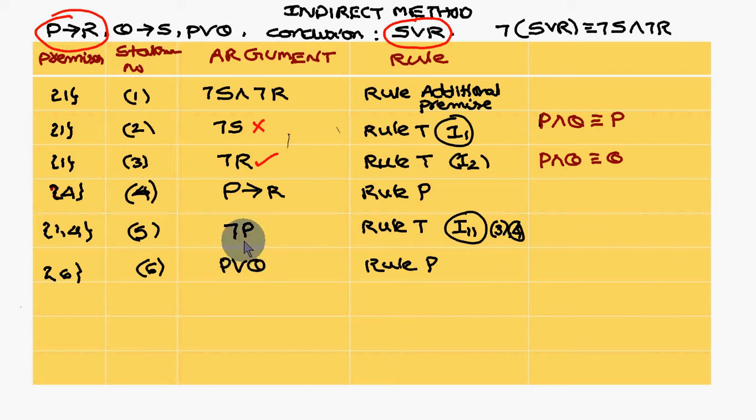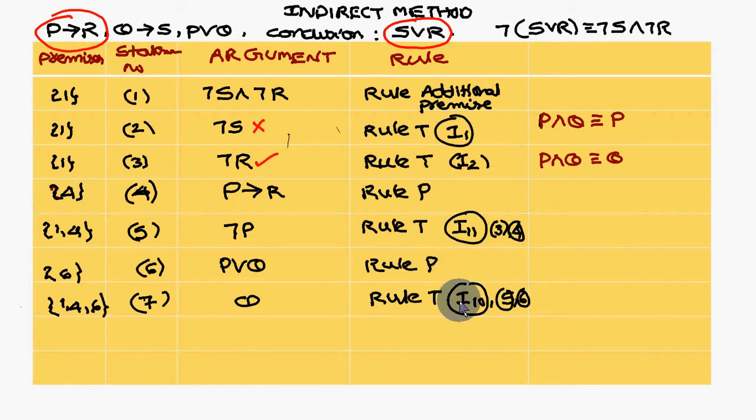I10. What does the I10 implication say? P ∨ Q and not P gives Q, since P and not P get cancelled and you are left with Q. So statements 5 and 6 I have combined. That's why Q. So P ∨ Q is completed.